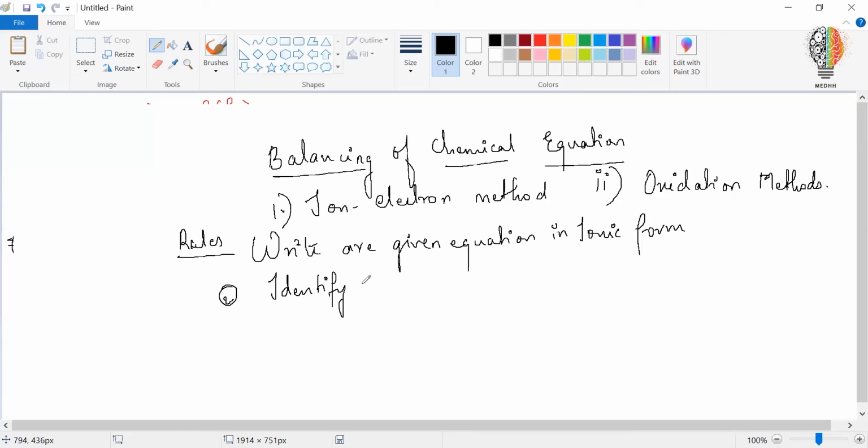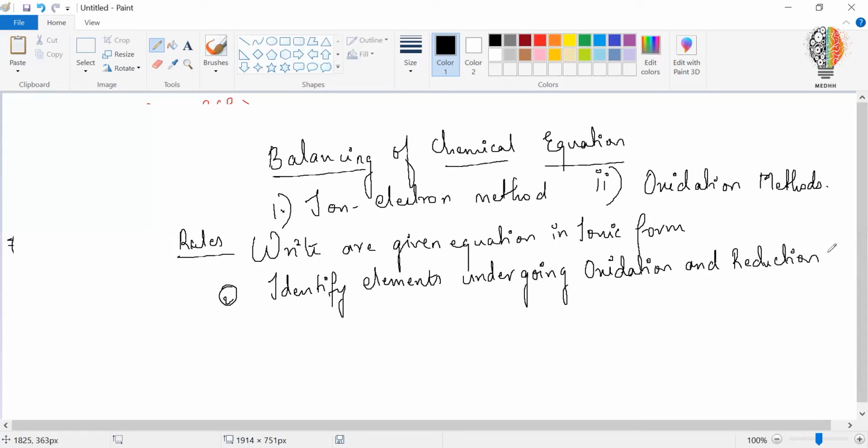The second one is identify the elements undergoing oxidation and reduction. To balance out the reaction, you definitely need to first know which one is going under oxidation and which one is going under reduction.